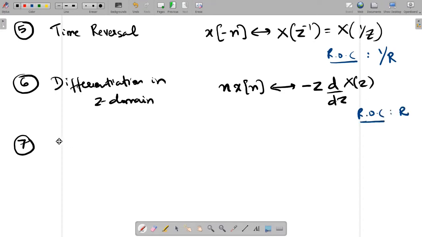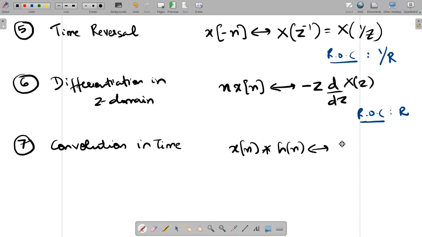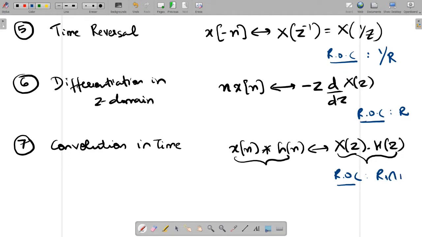Next property, convolution in time property. x of n convolved with h of n is x of z times h of z. Convolution in time domain is multiplication in the z domain. ROC for this case is R1 intersection R2. R1 is the ROC of x of n, R2 is the ROC of h of n. The combined ROC of the convolution is R1 intersection R2.